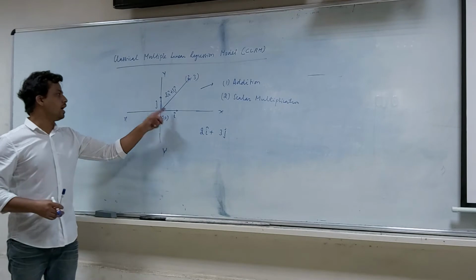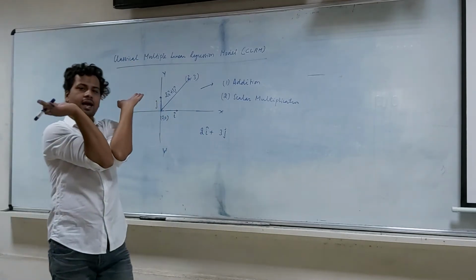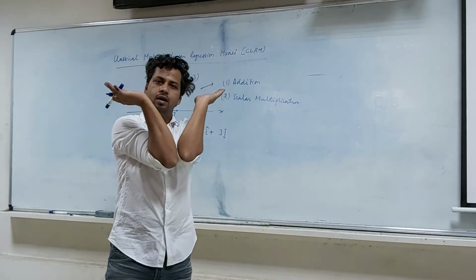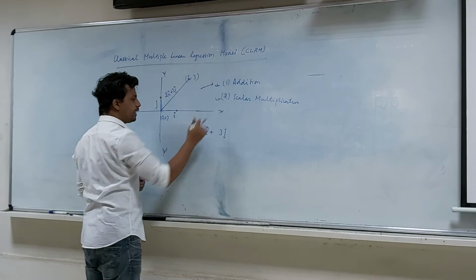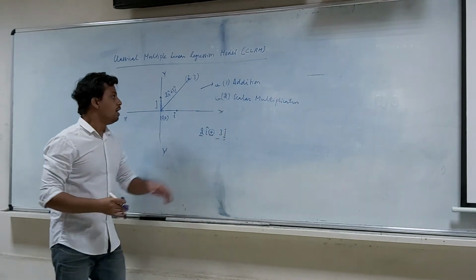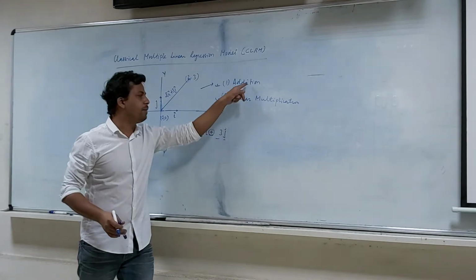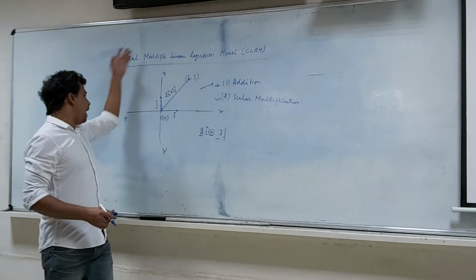These vectors are independent of each other. That is, they are perfectly lying at an angle of 90 degrees. And these two operations, addition stands for, here scalar multiplication is 2 times i hat, 3 times j hat. A combination of these two mathematical operations using this i hat and j hat vector spans this entire plane.